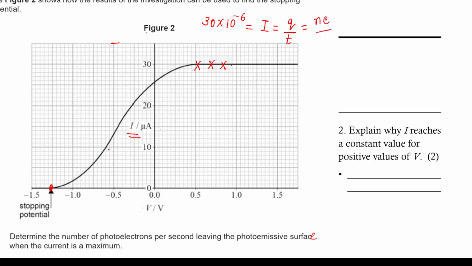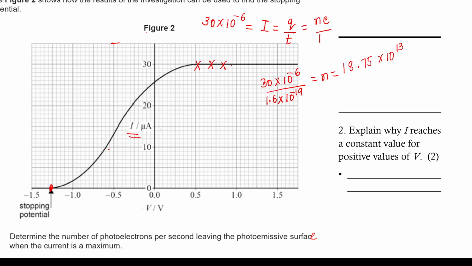So 30 times 10 to the power minus 6 divided by the charge of the electron is N. That is 30 divided by 1.6, so I'm getting approximately 18.75 times 10 to the power 13 electrons.